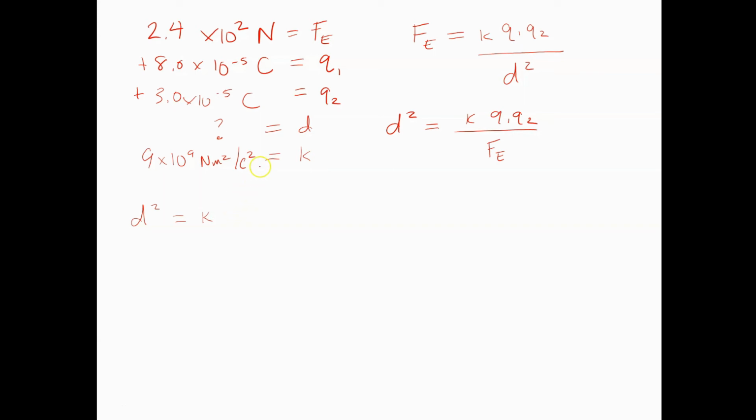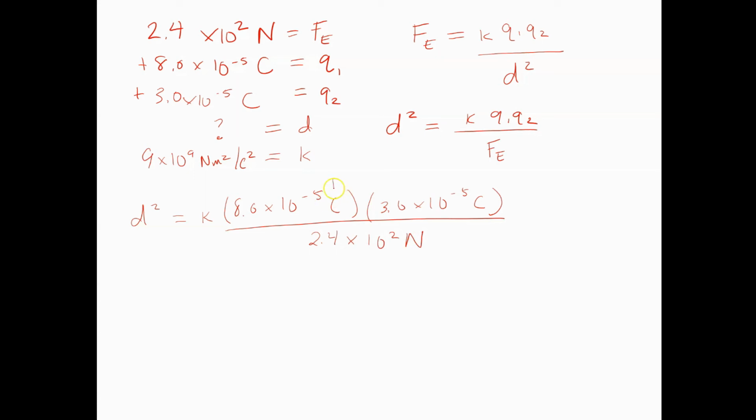My Q1, and it doesn't matter which one you call Q1 or Q2, we have 8 times 10 to the negative 5th coulombs. I'm going to multiply that by 3 times 10 to the negative 5 coulombs. And I divide all of that by the electrical force, which is the first number that was given to us, 2.4 times 10 squared newtons.